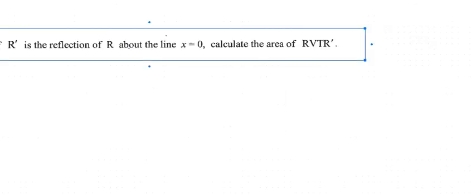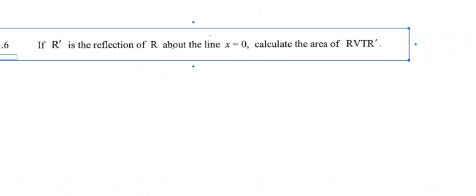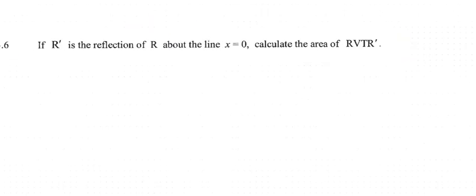R prime is the reflection of R. So when we have x equals 0, what is the R coordinate we have?